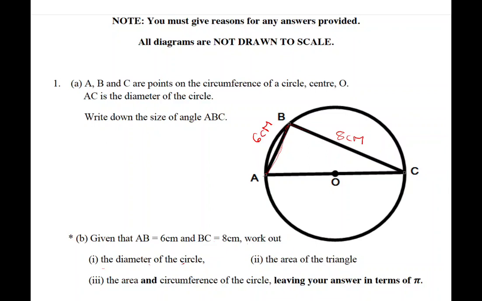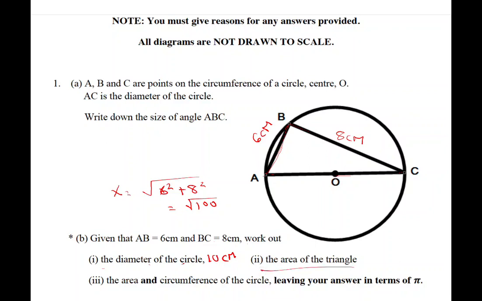Since it's a right angle triangle, this represents the hypotenuse. We could apply Pythagoras theorem to find the diameter of the circle, which is x equals the square root of 6 squared plus 8 squared, which is equal to the square root of 100, which makes the diameter of the circle 10 centimeter.